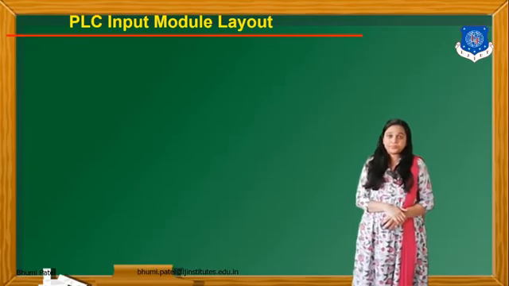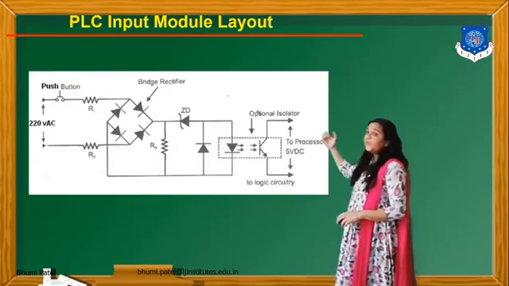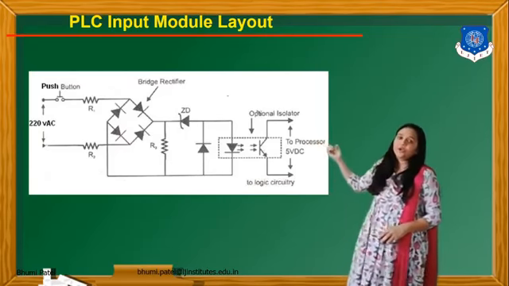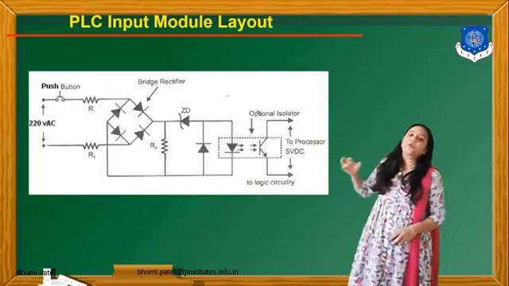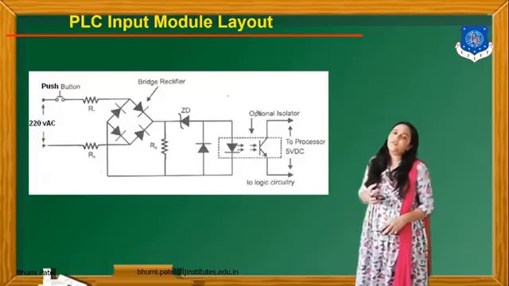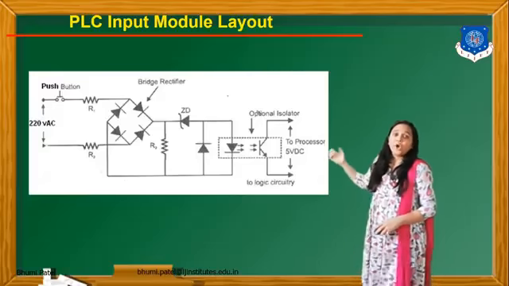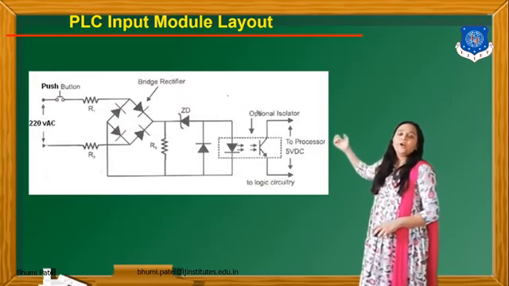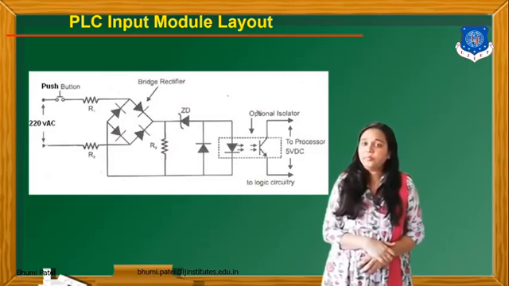Now in the diagram you can see we have connected a bridge circuit. The input of the bridge circuit is the 220 volt supply, and after the bridge circuit output we get some DC voltage. Then we connect the optical isolator circuit, and the output of the optical isolator goes to the processor of the PLC.